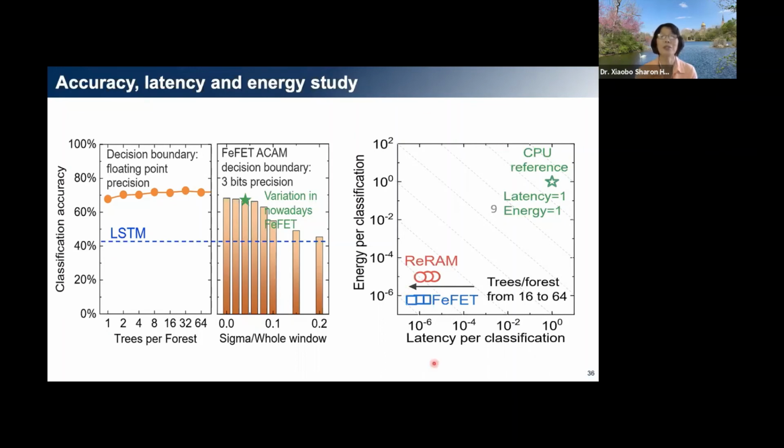So let me go to the questions in the Q&A. Can hardware accelerators based on in-memory computing be used as functional blocks in coarse-grained reconfigurable computing? I'm not exactly sure what is meant by reconfigurable computing here, but these in-memory computing blocks can definitely be used.